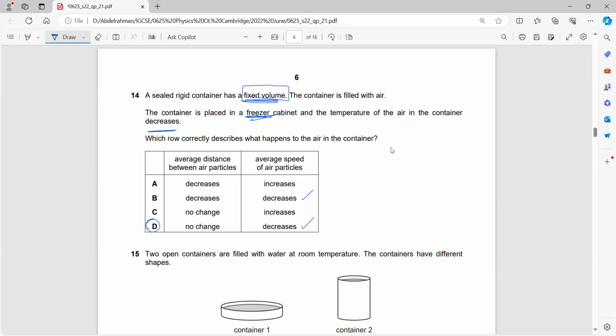Aren't they going to freeze? It is a rigid container. Will the volume of the container change? No. So the average distances between the molecules will not change either. But what if they freeze? They will not become liquid yet.